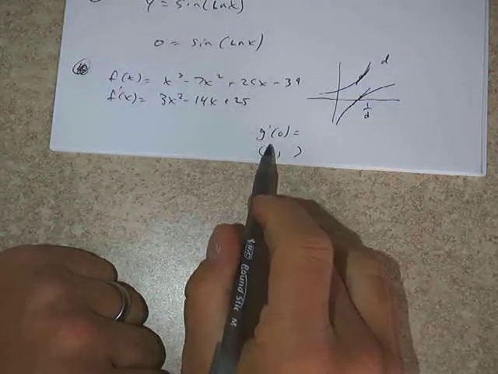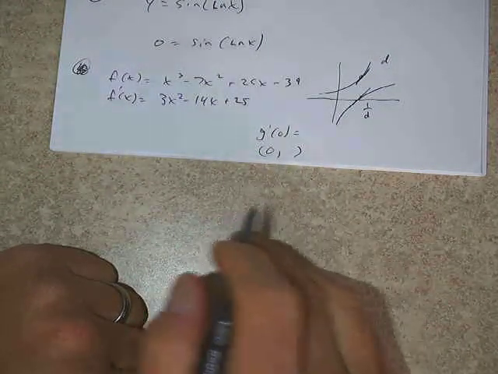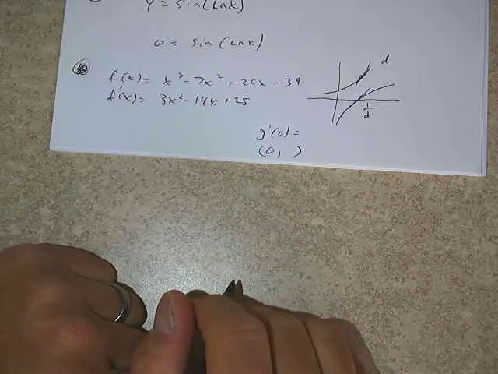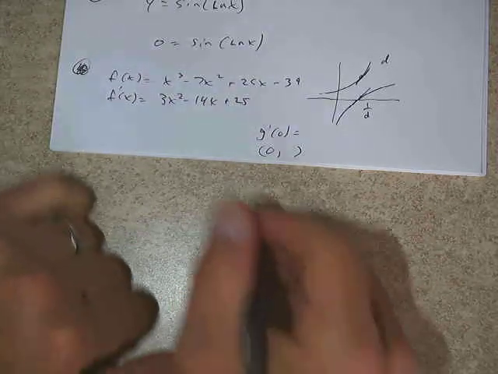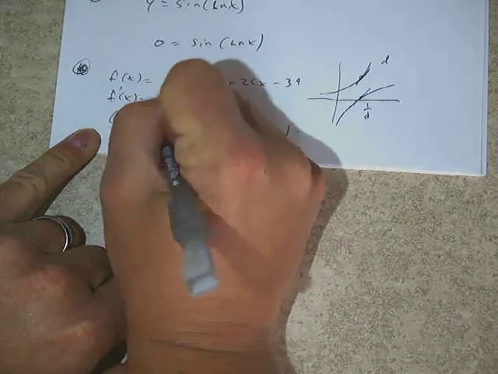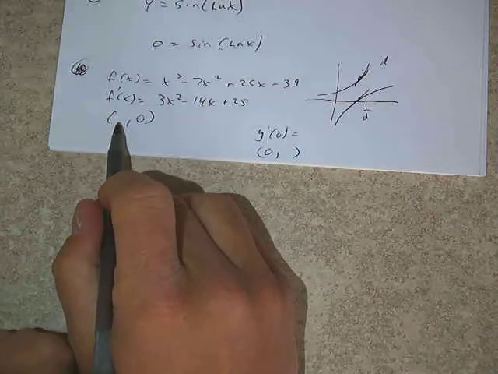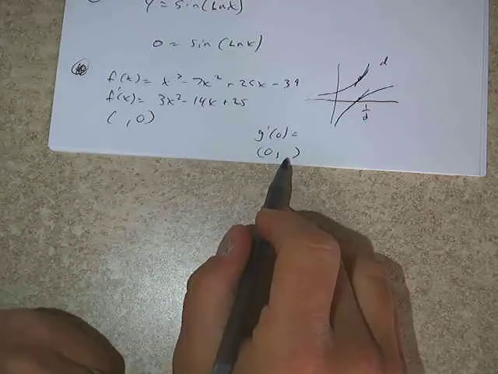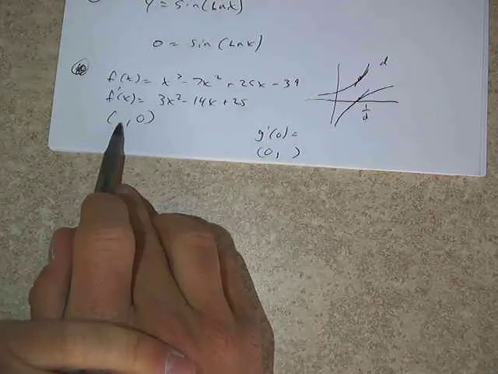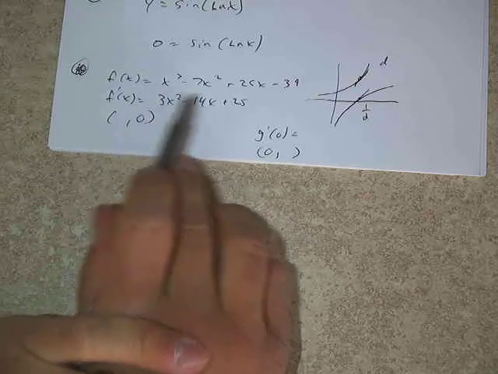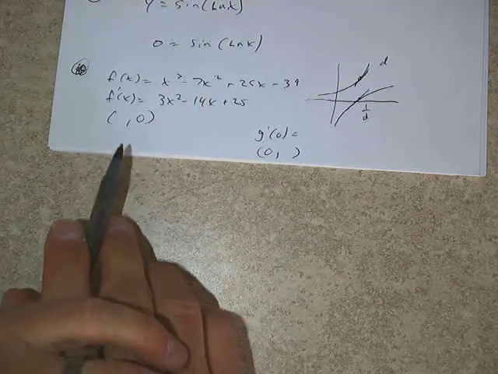So we need to know something about the derivative of f here because it's going to be related to the derivative of g. So 3x squared minus 14x plus 25 would be our derivative of f. Ultimately we want to know the derivative of g at 0. So keep in mind that the corresponding point on the g function is 0 something.